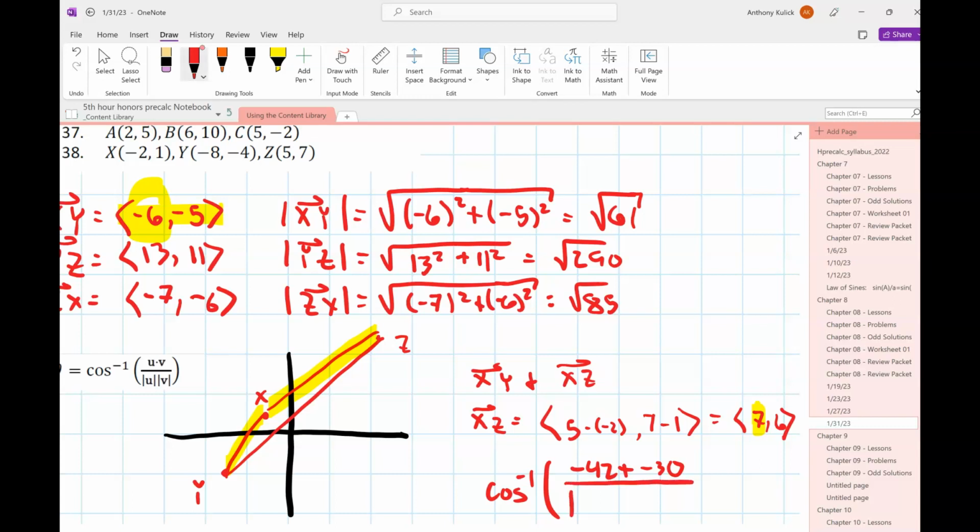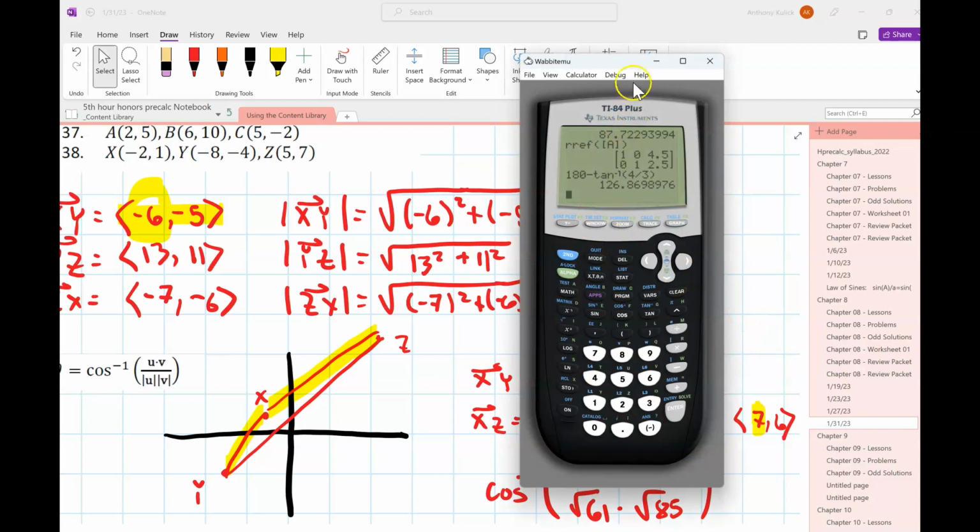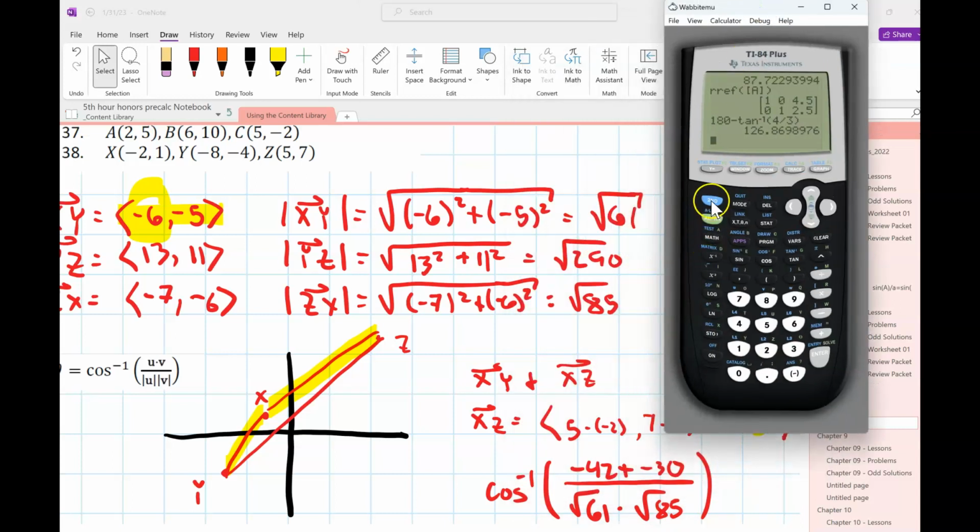And then the magnitudes I already have, right? Because those magnitudes are going to be the same whether they're going forwards or backwards. So I'll just plug that in.